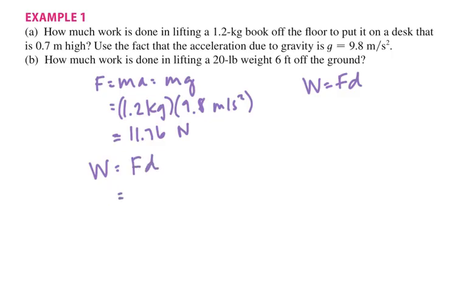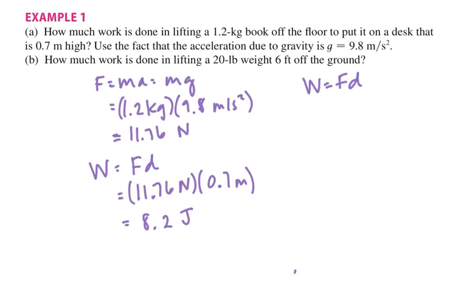And we know that the force is 11.76 newtons, and the distance is 0.7 meters high. So when we multiply these, we get 8.2, and we are in newtons and meters, so this will be joules. And that's the answer to part A.